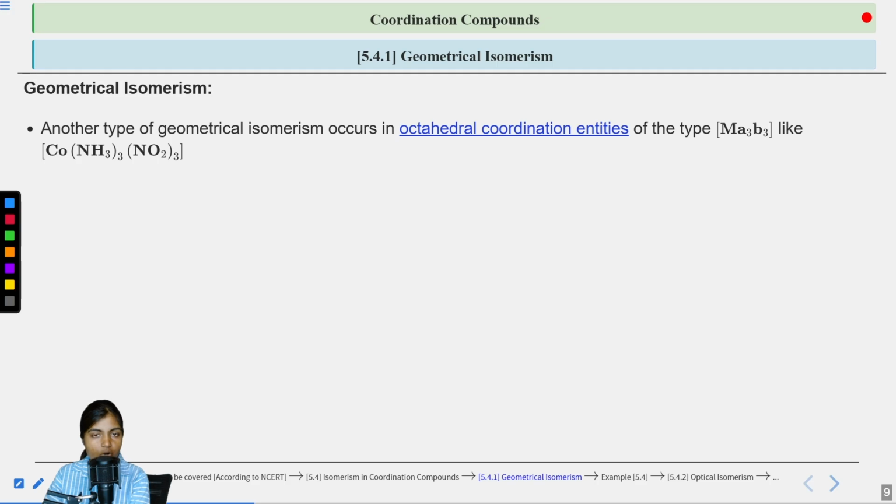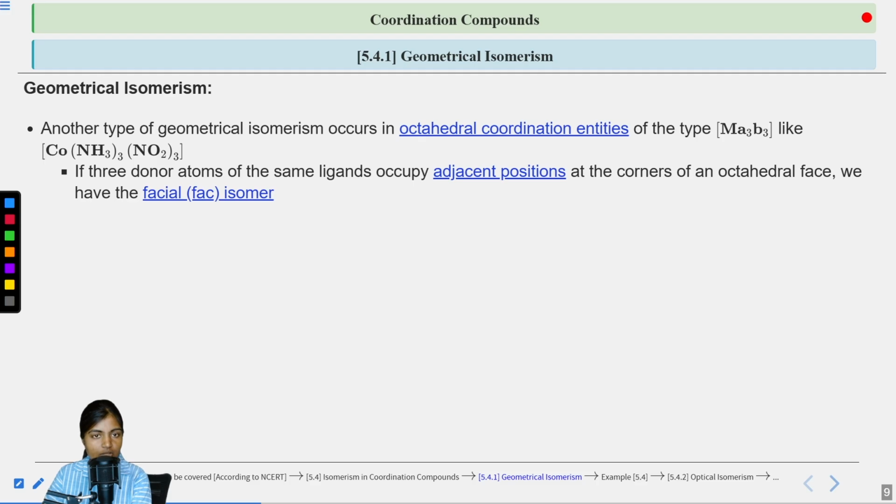Octahedral coordination entities means, again, the central metal is going to attach with six different ligands, and it is of type Ma3b3. For example, [Co(NH3)3(NO2)3], with the ammonia molecule three in number, and the NO2 three in number. It represents a complex of type Ma3b3, an octahedral coordination entity, which shows a different type of geometrical isomerism.